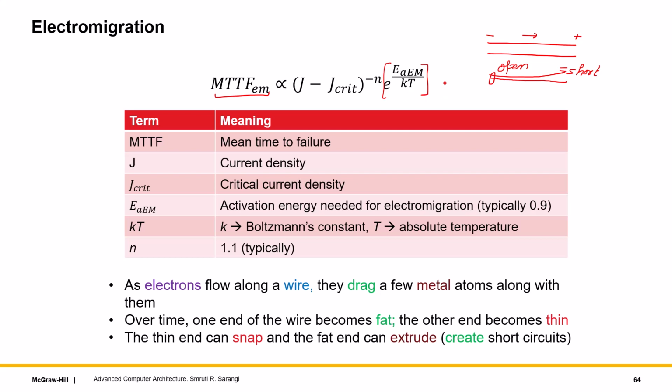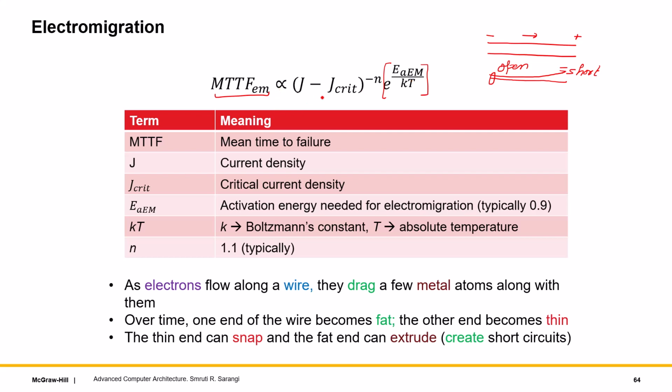These equations, incidentally, are known as Black's equations. They will all be of the form 1 by kT, or some constant by kT, where the constant is the activation energy needed for electromigration, k is the Boltzmann constant, and T is the temperature in Kelvin. Almost all of these temperatures, for the next four to five slides, are in Kelvin.